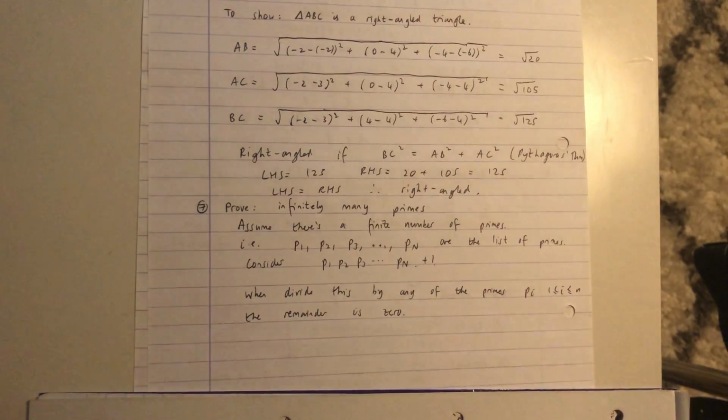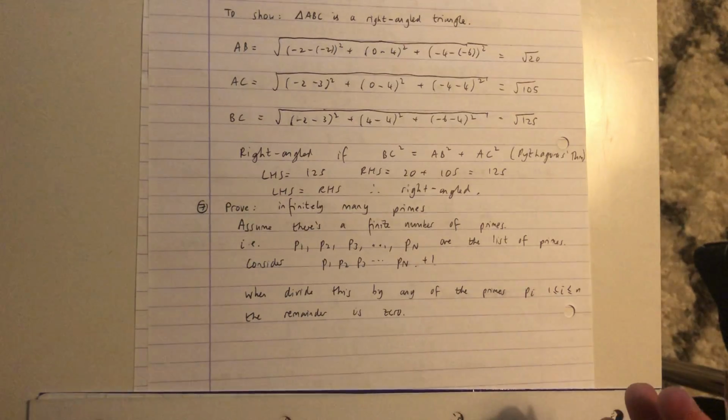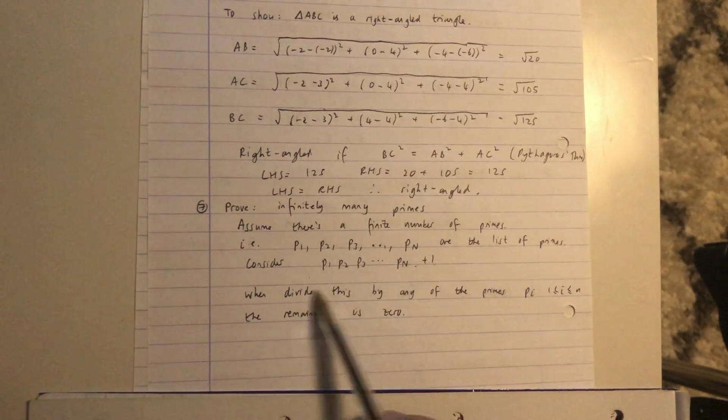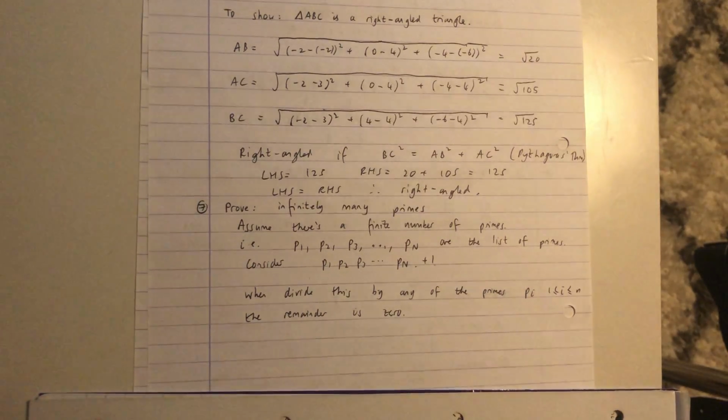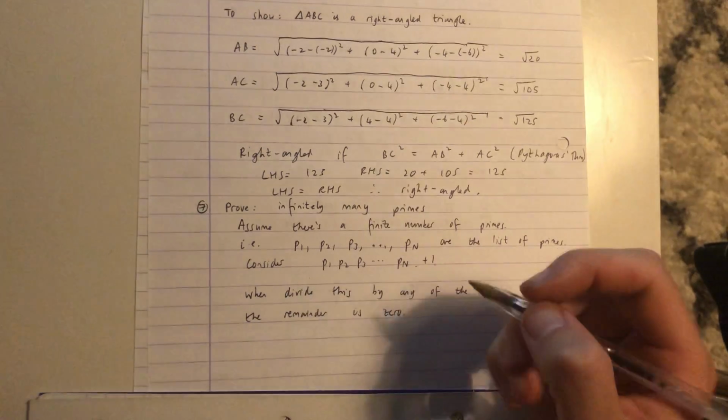Now if that's true, that none of the primes go into this number I've created, that number by definition has to be prime.